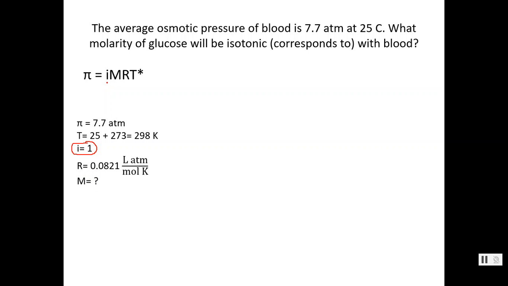And so hopefully you can see that to solve this equation for molarity, I'm going to divide both sides by iRT. And so doing that will give you M by itself, and so more neatly written will give you the equation that you need to solve in this form.